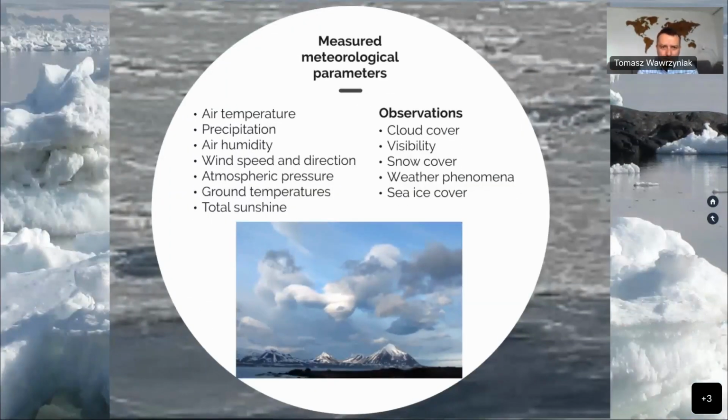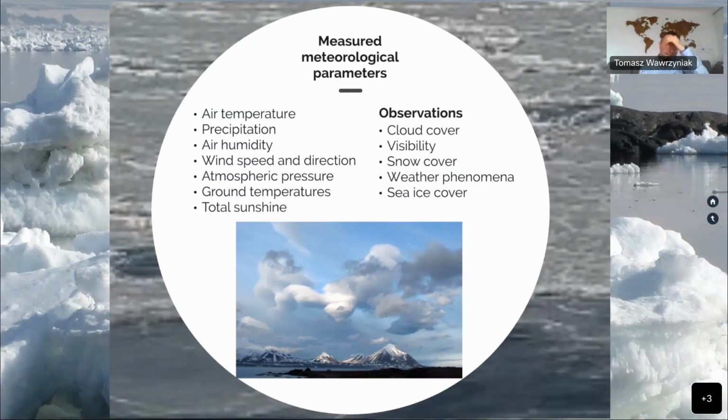Here are the parameters that are measured by our meteorologists. In the past, it was just 2 meteorologists, so they worked on one-day shifts. And for the last few years, we have 3 meteorologists that work throughout the year at the station, and they collect data on air temperature, precipitation, air humidity, wind speed and direction, atmospheric pressure, also ground temperatures are measured, and also total sunshine.